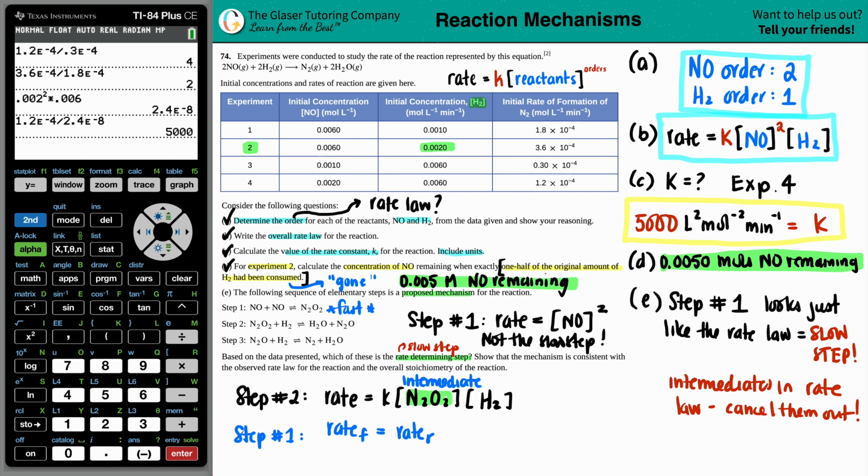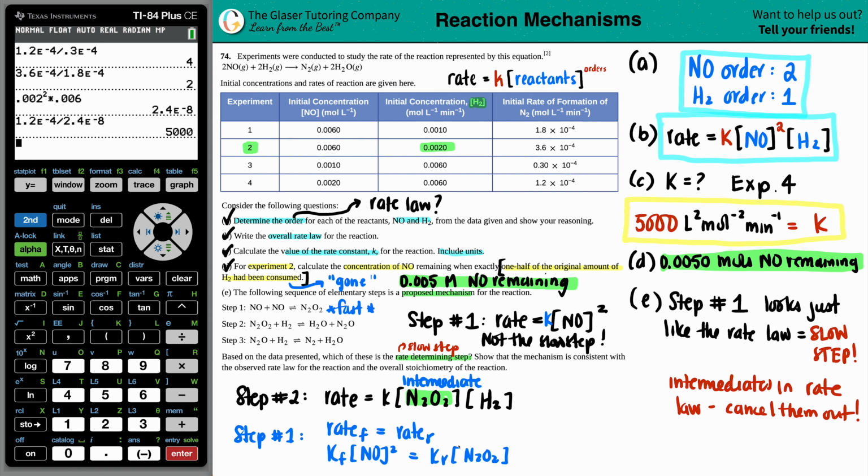The forward one equals the one that we had before: K times NO squared. The K of the forward reaction times NO squared equals the rate in the reverse. If you're doing it in the reverse, this is now your starting amount, so that would equal K reverse times N2O2.